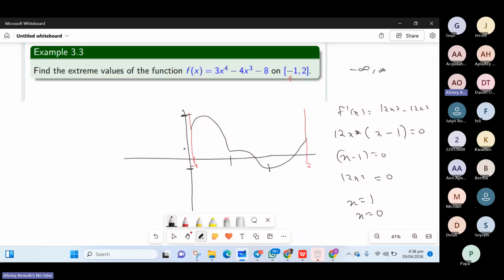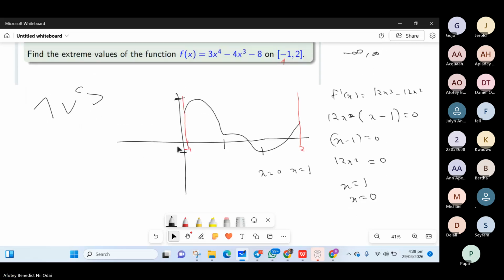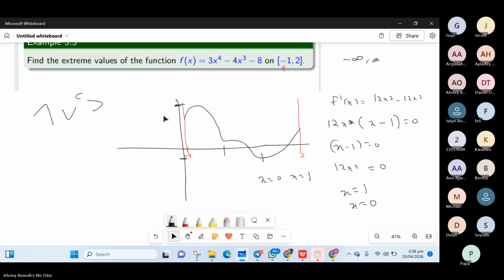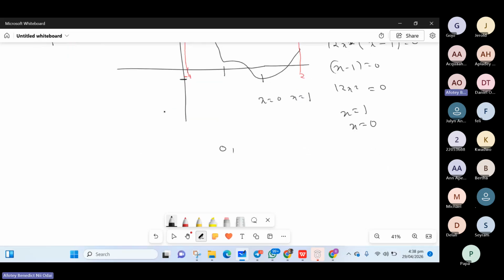The critical points that you found are the values on the x-axis where your graph is changing. Now we've gotten x is equal to 0 and x is equal to 1 as points where your graph is changing. Is it doing like this, or like that? Just changing its value. Now we have to find the corresponding value on the y-axis to see the value of it, right? So we have 0 and 1.